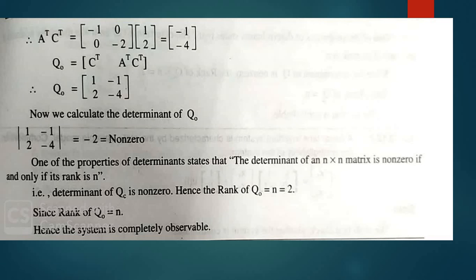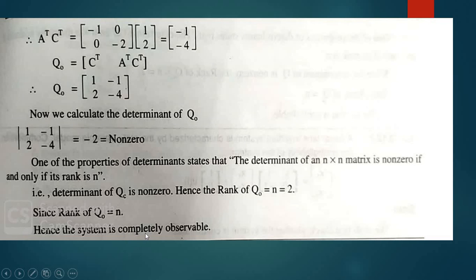So this is how we check the system observability. This is the actual formula you should remember, and after this you have to take the determinant. If the rank of Q equals n, then it is observable, if not, then it is not.